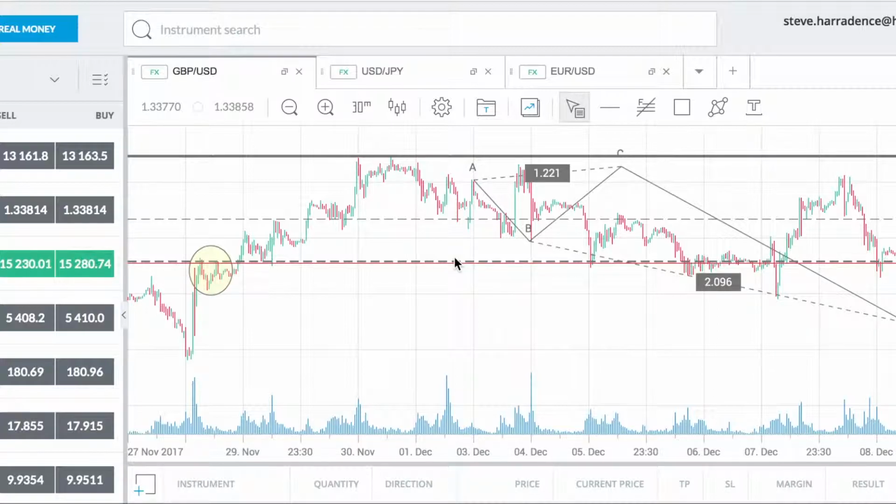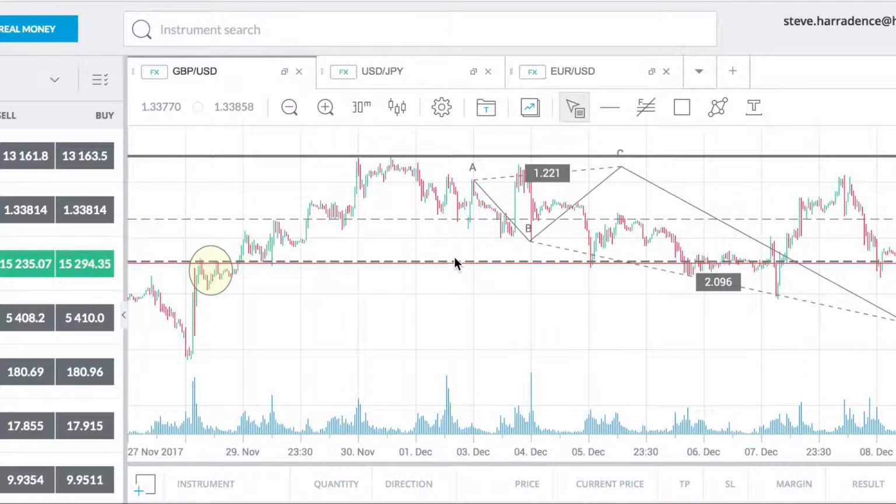We're going to focus on just a couple of currency pairs. We're going to use pound dollar, pound yen and pound euro, and euro dollar and euro yen. Sorry, and USD yen.